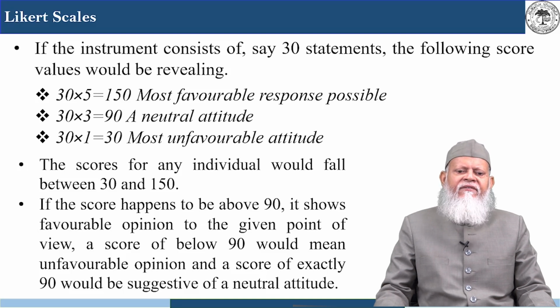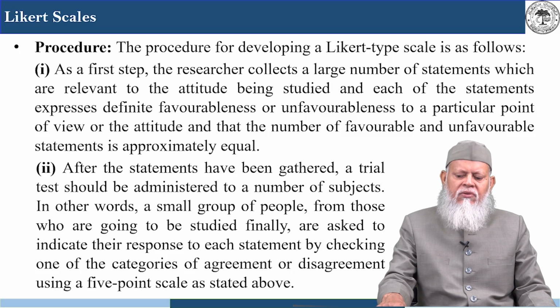So, if we have these 30 statements and the Likert scale is 1 to 5, then of course the scores for any individual would fall between 30 and 150, and if the score happens to be above 90, it shows favorable opinion, whereas scores below 90 would mean unfavorable opinion, and a score of exactly 90 would be suggestive of a neutral attitude.